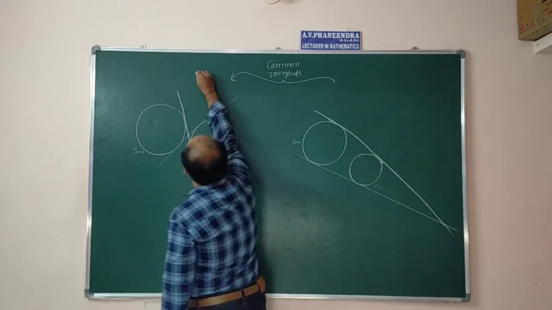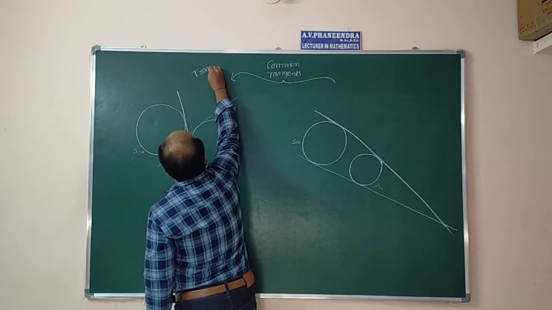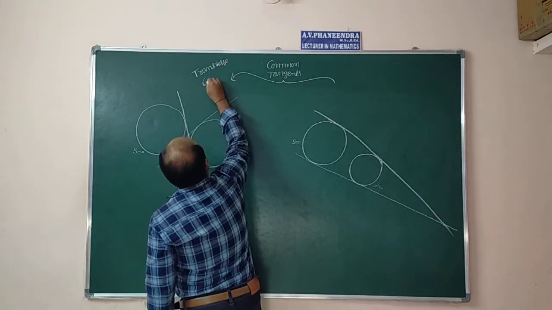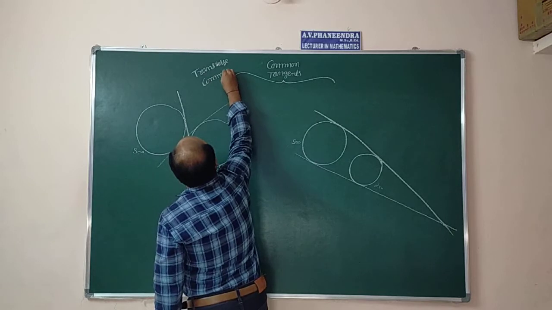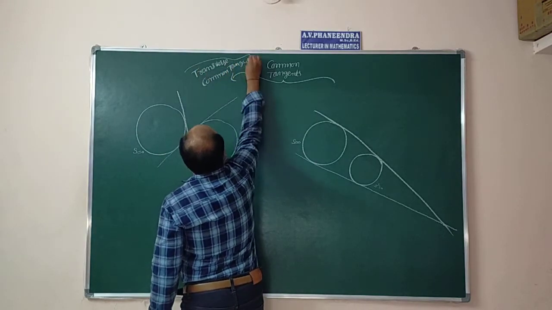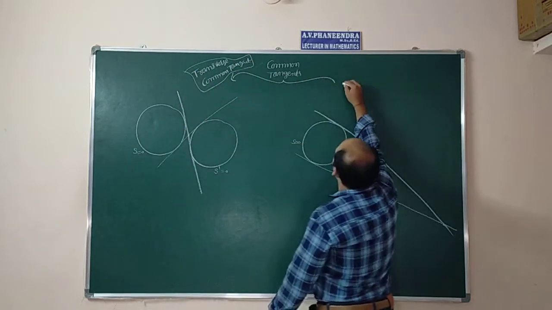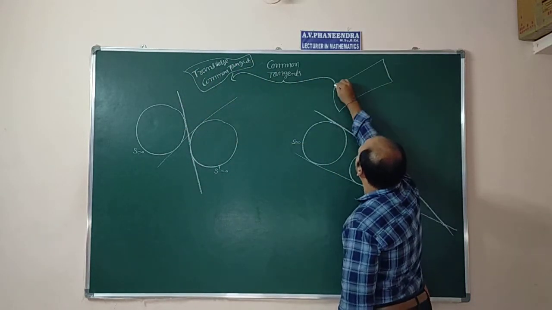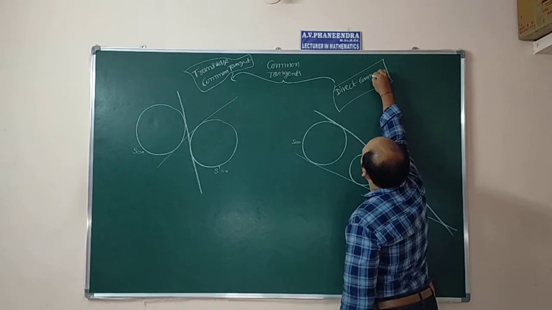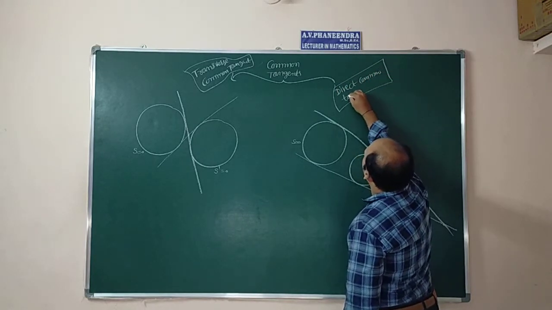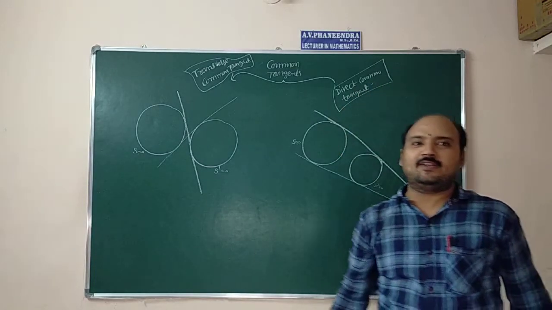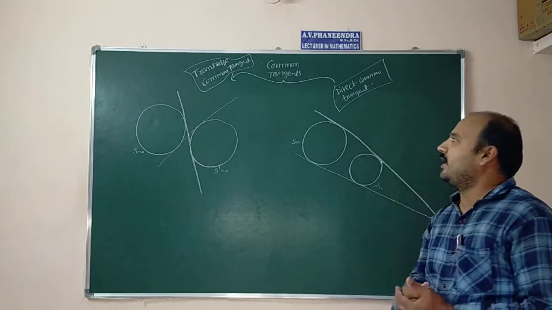One is transverse common tangent, and one is direct common tangent. How to say what is transverse common tangent? What is direct common tangent?